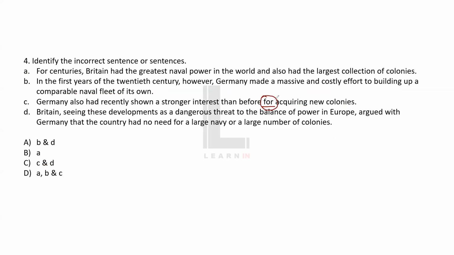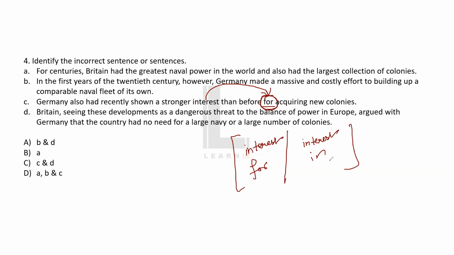There is an idiomatic mistake here, right? Interest for. There are two things, right? He is right. Interest for and interest in. What do these two mean?